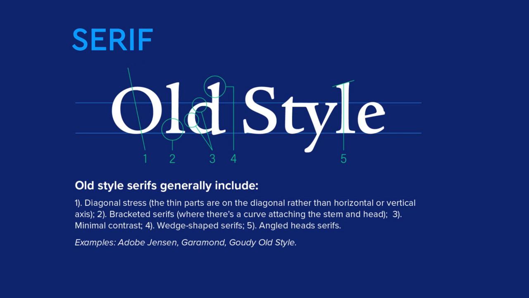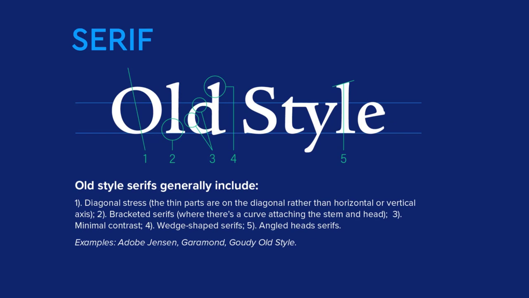Old style is characterized by, number one, diagonal stress. That is, the thin parts are on the diagonal rather than on the horizontal or vertical axis. Number two, we have bracketed serifs, where there is a curve attaching the stem and head.